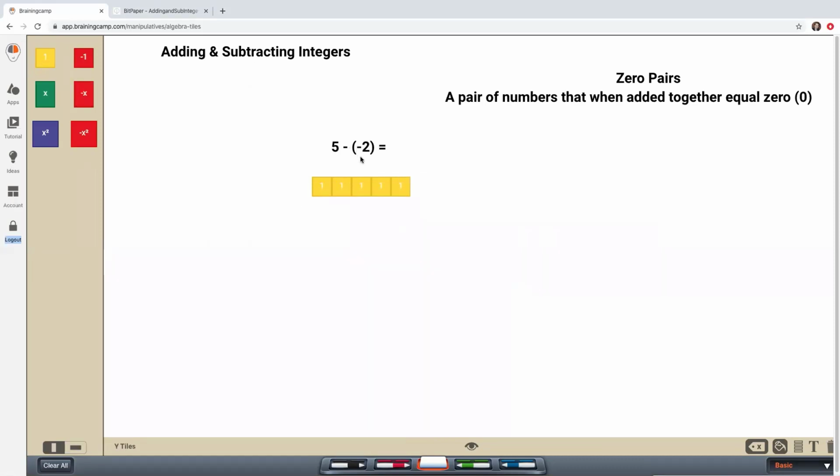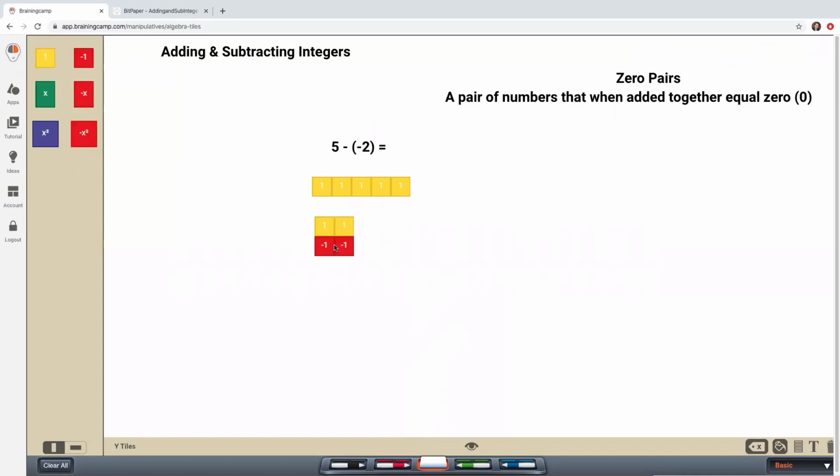And now I want to take away -2, but I don't have any negative numbers in this +5. So I want to go and create some 0 pairs. And I want to create 2 0 pairs because I have -2. Let me erase this. Okay, so I'm going to create 1 0 pair and another 0 pair.